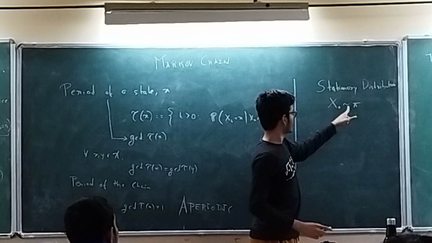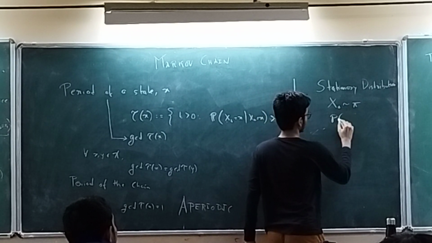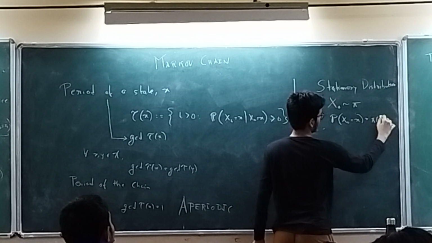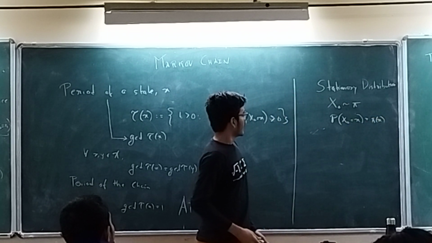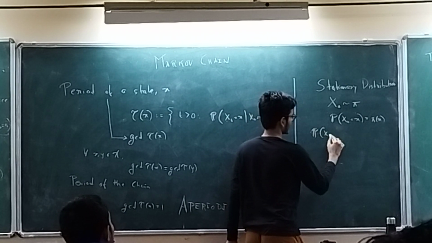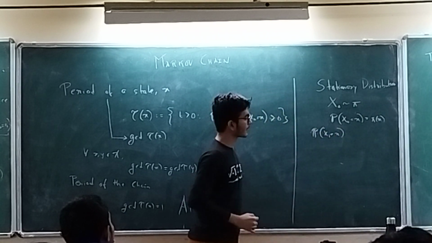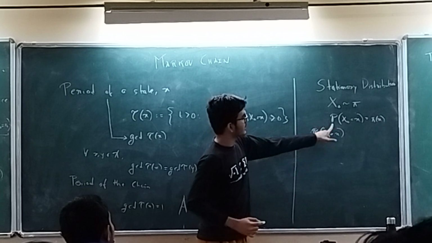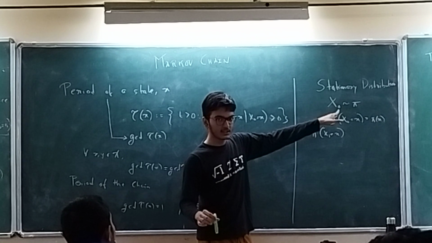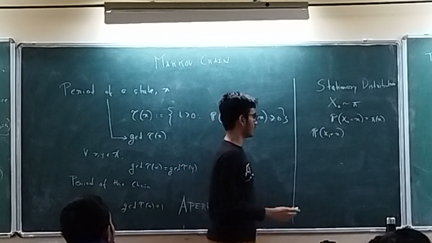So what does this mean? This means that the probability that X_0 equals x is pi of x. This is just given. And now let us find the probability that X_1 equals x. And we want this thing to be the same as pi of x, because I just said that if I once reach pi, I will remain at pi forever.